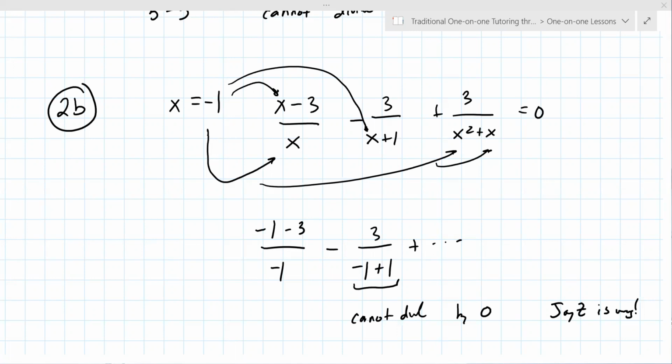All right. So let's go to the back side of that page. Number 3, identify the slant asymptote and behavior. Okay, great. So let's do 3A. We covered this too.